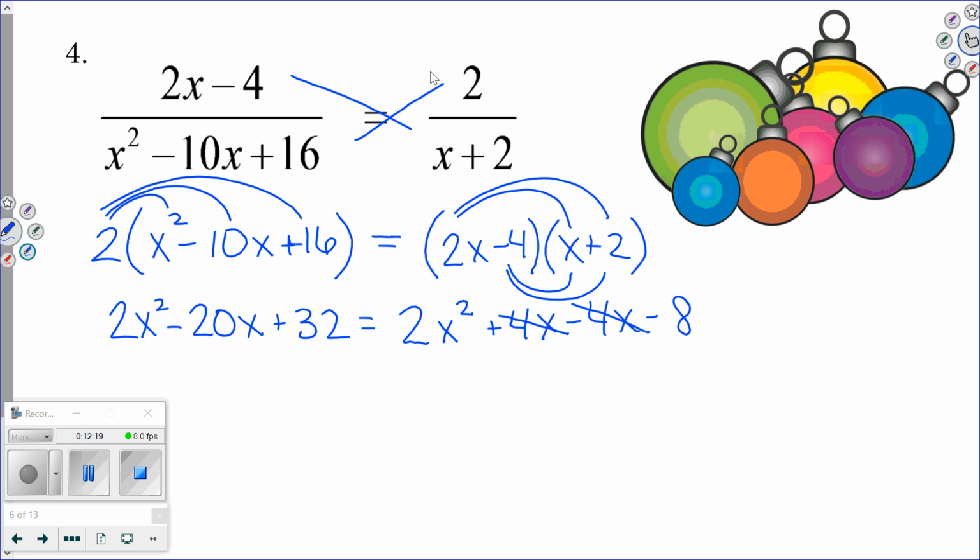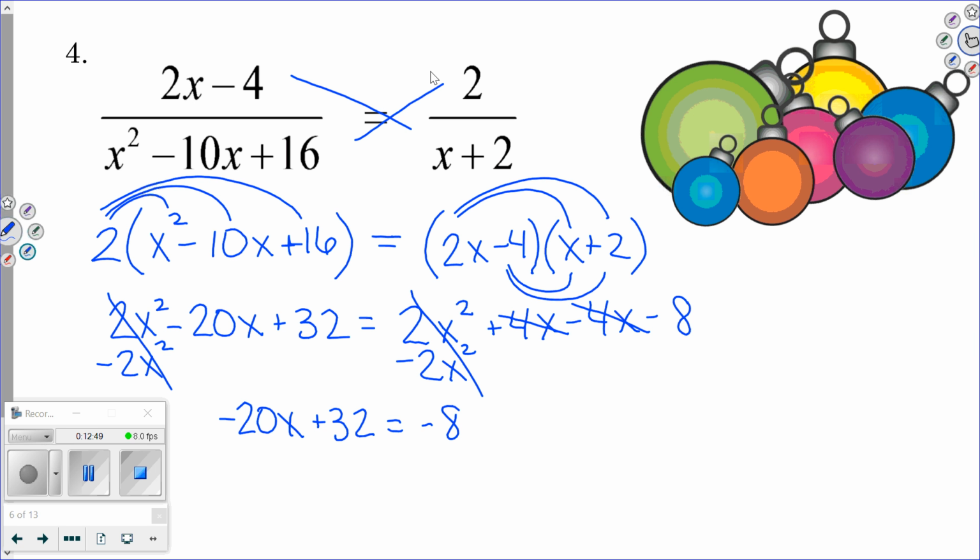Will I need to set this equal to 0? Very good. If I go to subtract the 2x to move it over here, 2x squared, what happens to your 2x squared? It cancels. So right now we have negative 20x plus 32 equals negative 8.